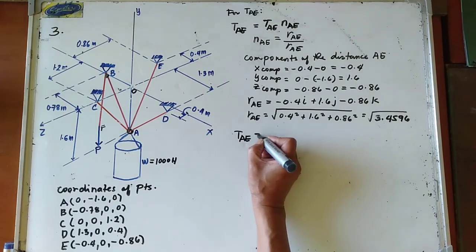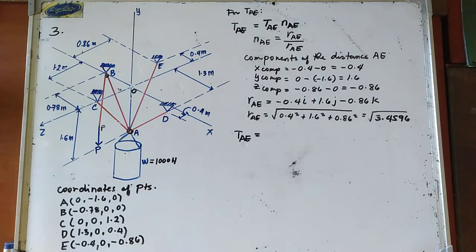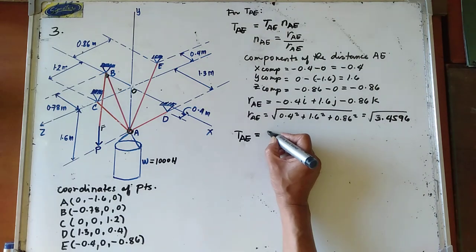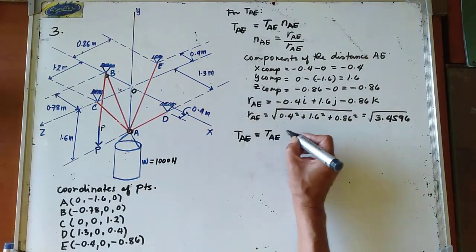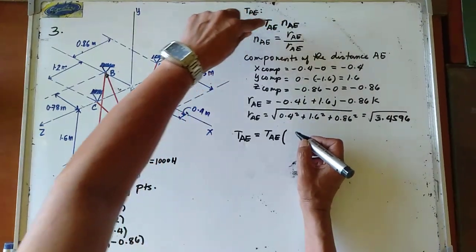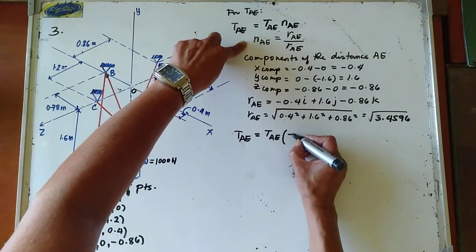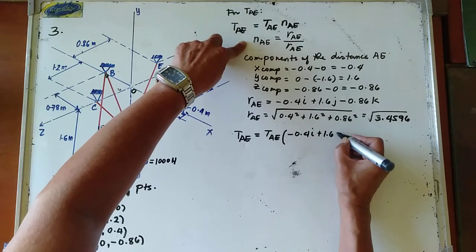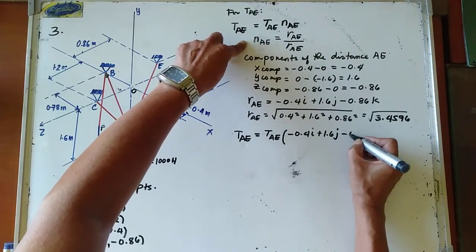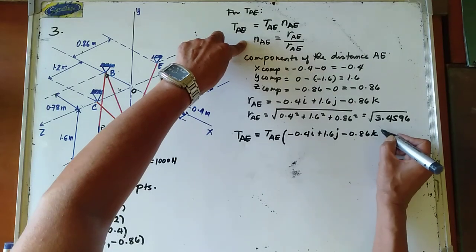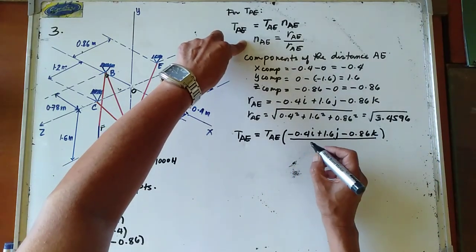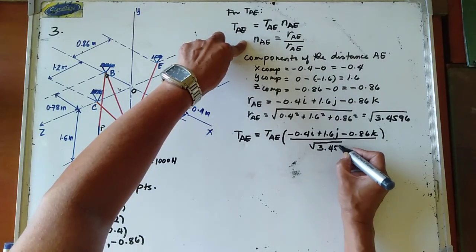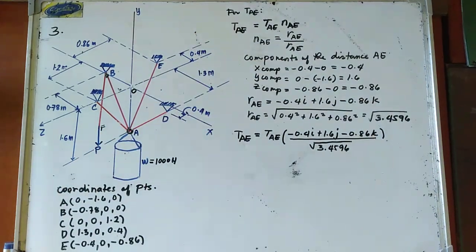So that again, your TAE in Cartesian form is your TAE, multiply this one by a unit vector AE, minus 0.4i plus 1.6j minus 0.86k. So that is over the square root of 3.4596.